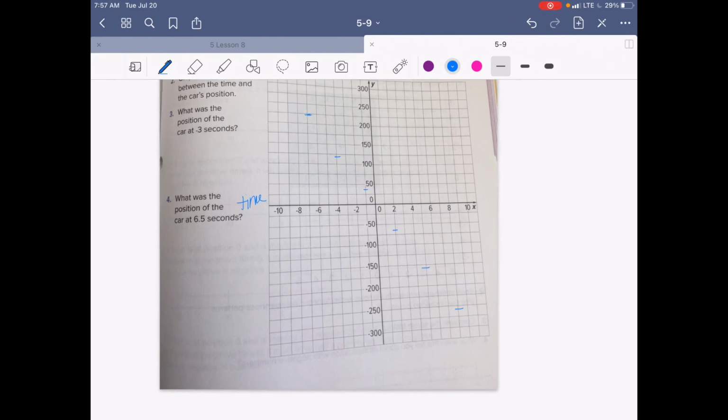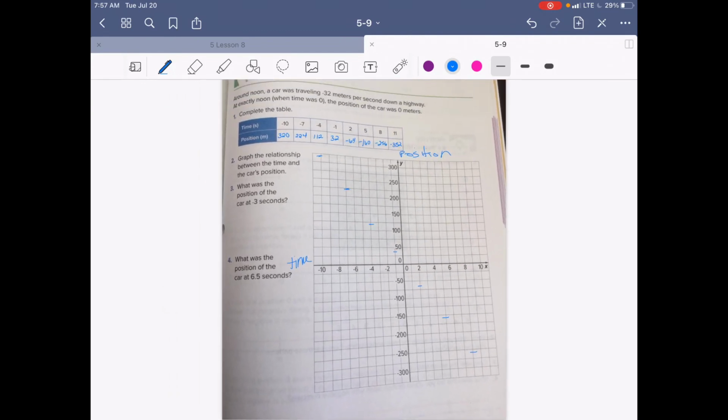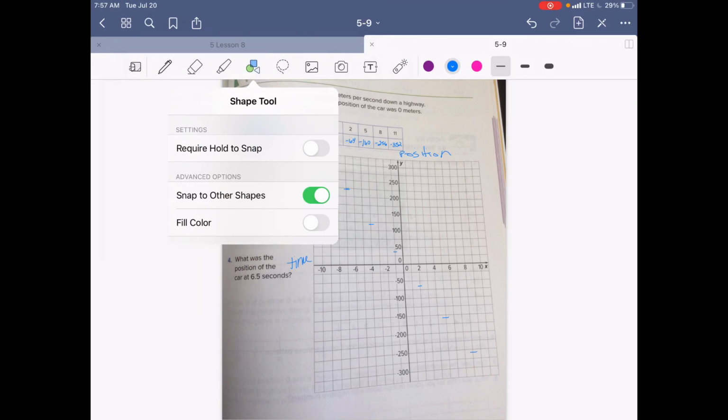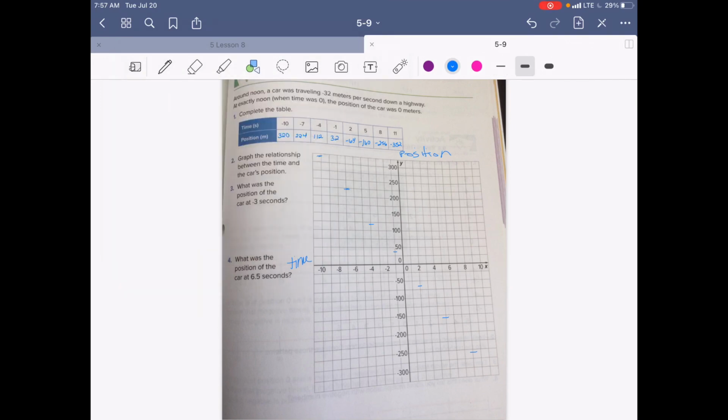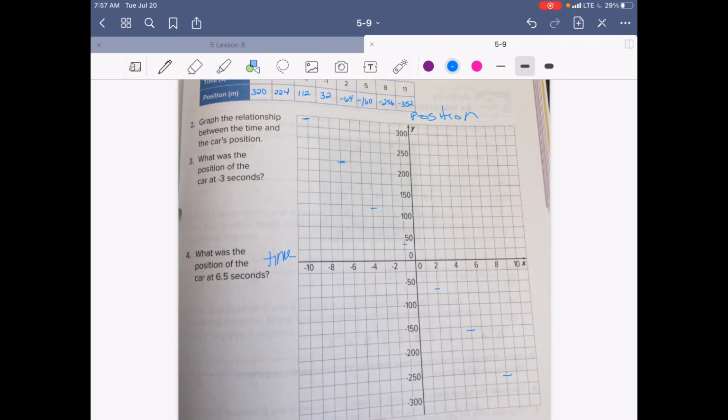And 11 isn't on here. Okay. So now it wants us to roughly calculate what was the position of the car at -3 seconds. So I'm going to change my color, and I'm going to just connect these dots. Now your line doesn't need to be perfect, but try to make it as straight as possible.